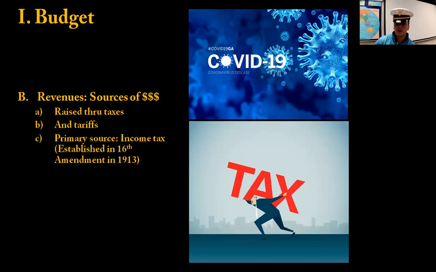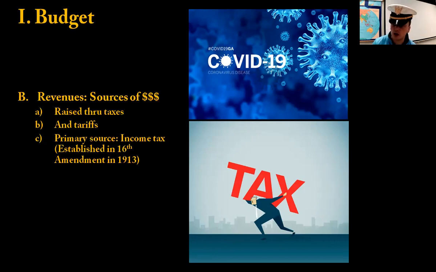Now, as far as taxes go, the income tax was established in 1913 by the 16th Amendment. Before that, there was no income tax. You couldn't tax incomes whatsoever.